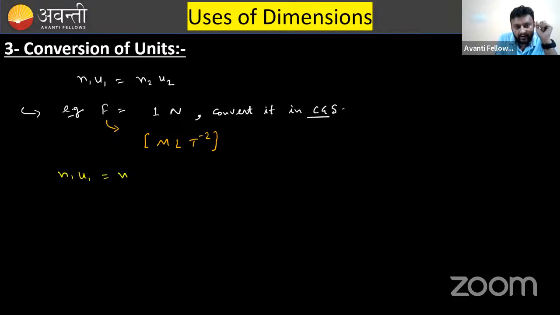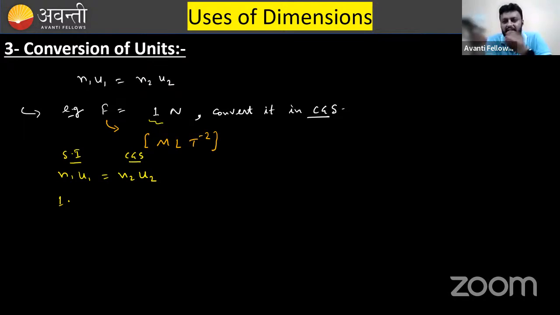Now after writing the dimension, apply the relation N1U1 is equal to N2U2. This is our SI system and this I am writing for the CGS system. In the SI system, what is the force? Magnitude is 1. What is the unit? You should remember that the unit of force is Newton.